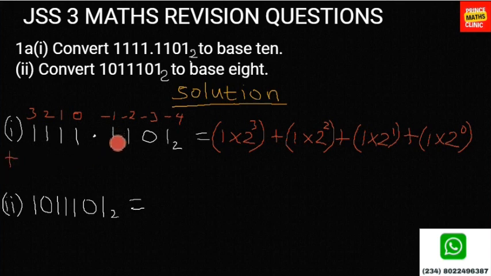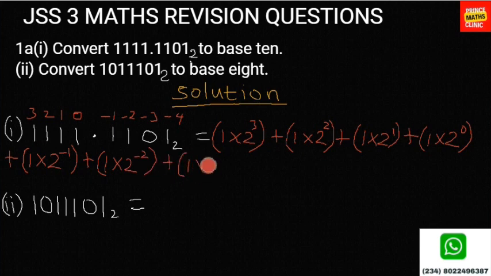Then here we have 1 times 2 to the power of -1, plus, this is 1 times 2 to the power of -2, plus 1 times 2 to the power of -3, plus 1 times 2 to the power of -4.